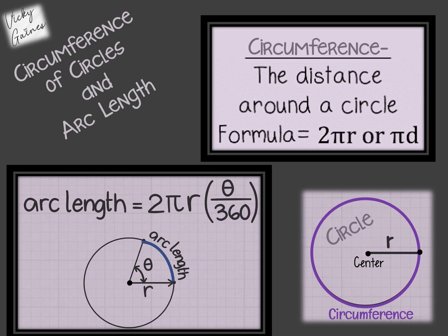And we want that over 360 because 360 is all the way around, but we just want a fraction of it. There is our central angle theta, also in our formula. Fraction of the circumference, already said that.